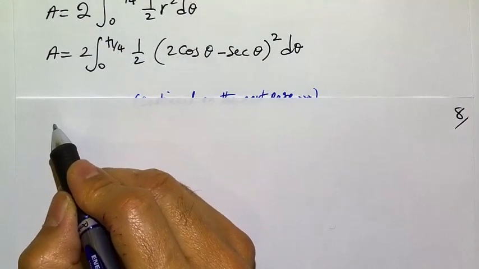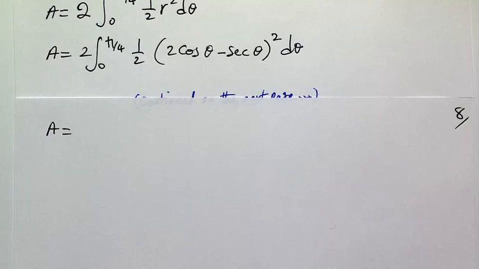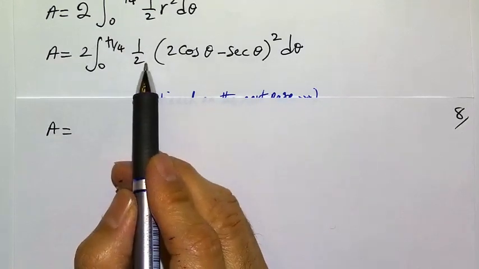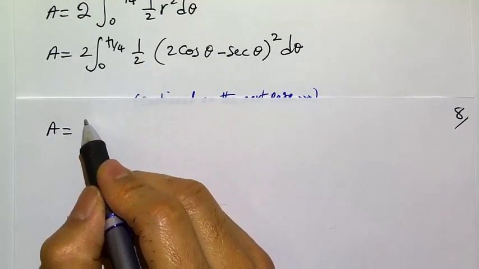So we have A equals, and this 2 times 1/2, they cancel each other out.